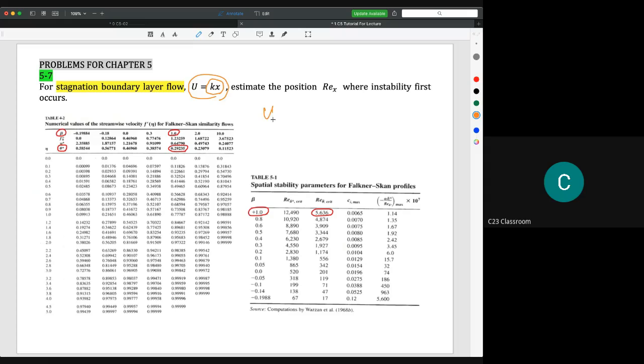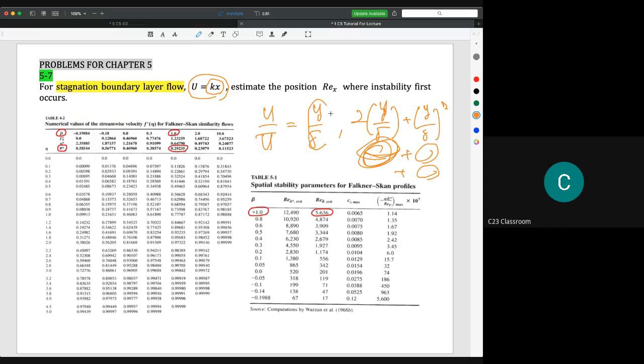That's why you will have u over capital U is equal y over delta, and then you will have another, or you will have 2y over delta plus y delta square like this. So in laminar boundary layer, you may have two terms like this one. One term plus one term plus another term. But in turbulent, you will have only one term like this one.